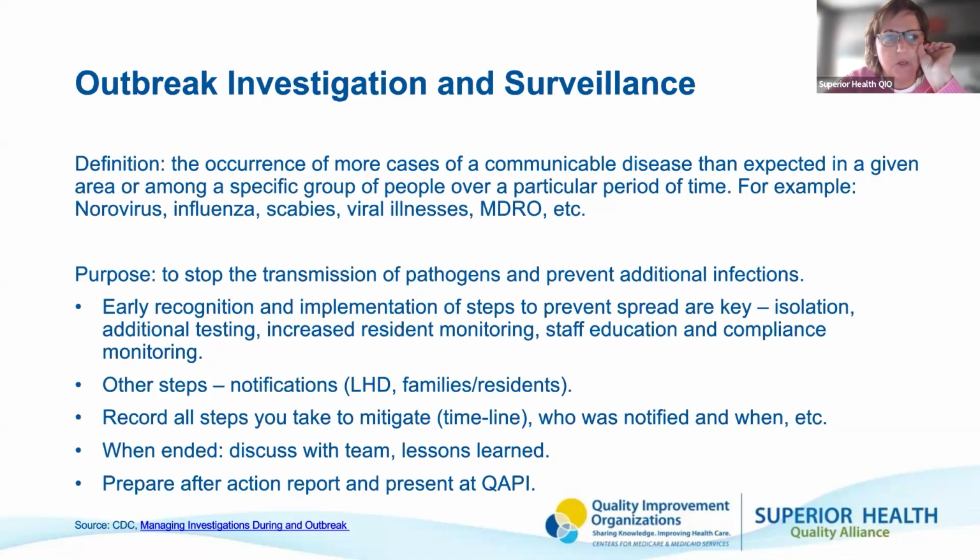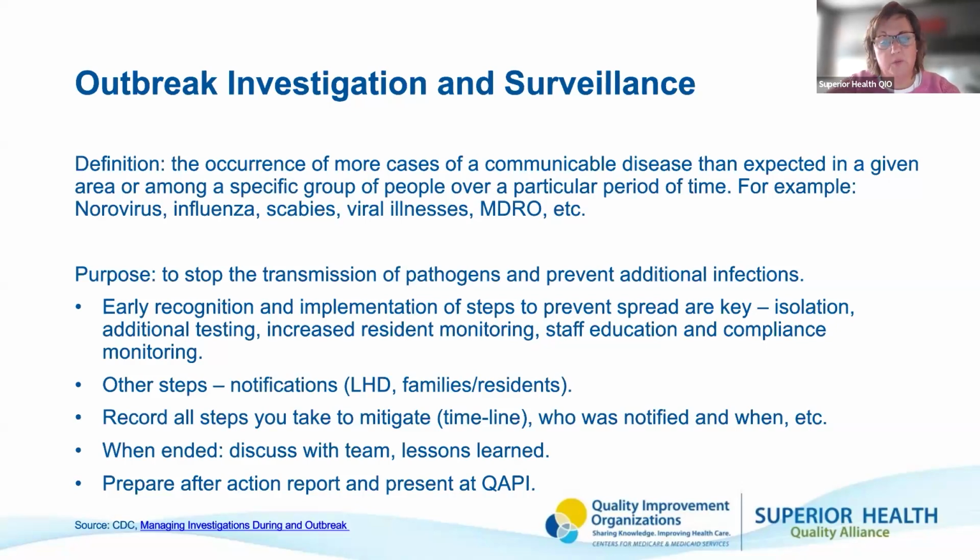Those are the abnormals. So the purpose of the outbreak investigation is to stop the transmission of the pathogen and prevent additional infections. Early recognition is important. Implementation of steps to prevent the spread are those key items: isolation, testing, resident monitoring, staff education, and then compliance monitoring, and then the other steps that go with that.